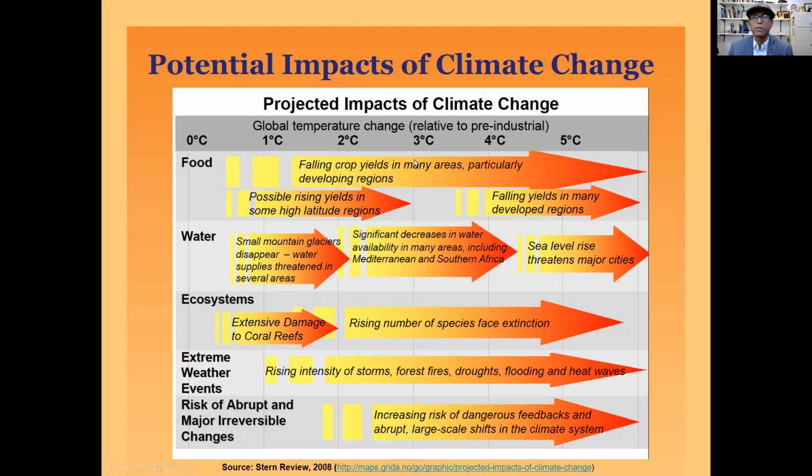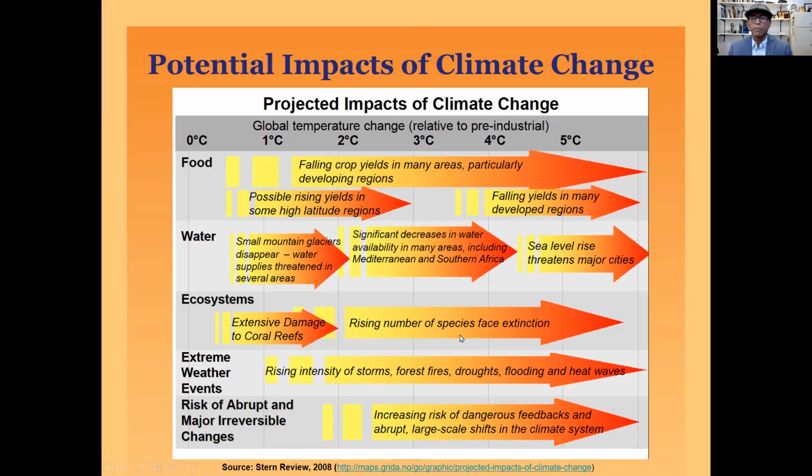As you can see, with more temperature rise, our crops will have less and less yield. Water will have severe impacts, to the point that sea level rise will threaten major cities in the world.